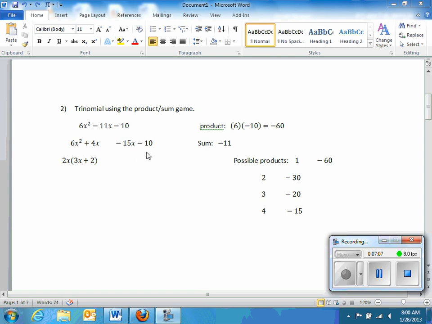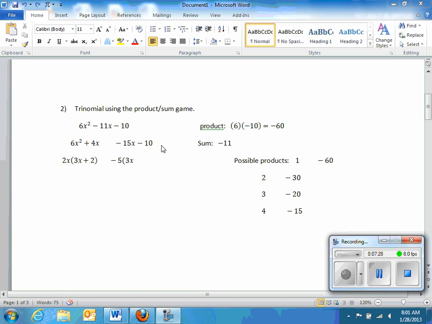So what would I pull out of these two terms to leave me with a 3x plus 2? A negative 5. If I pull out a negative 5 out of negative 15x, that'll leave me with a 3x. Negative 15 divided by negative 5 is 3, and then the x is still left.